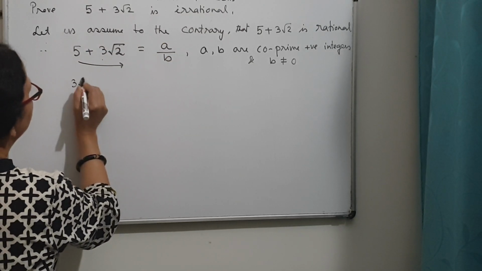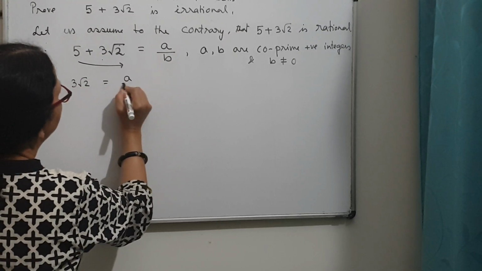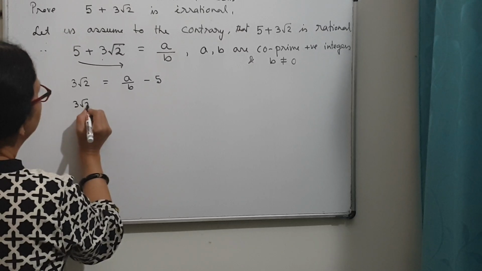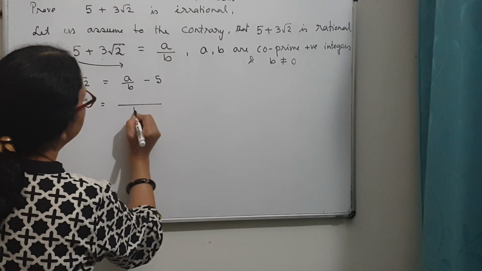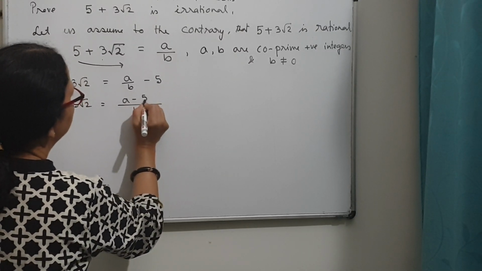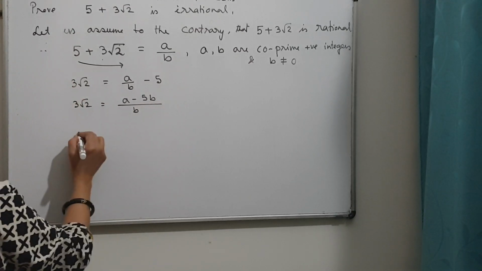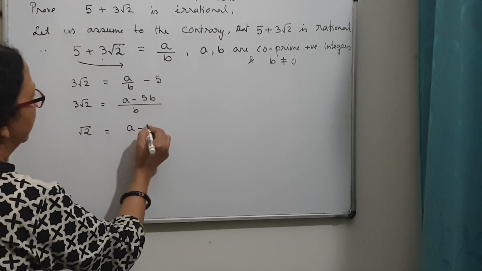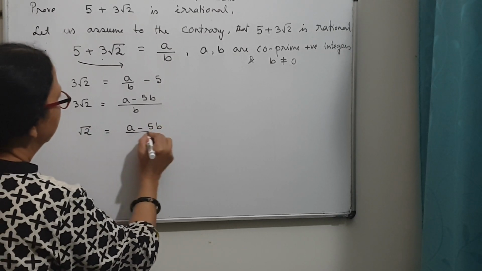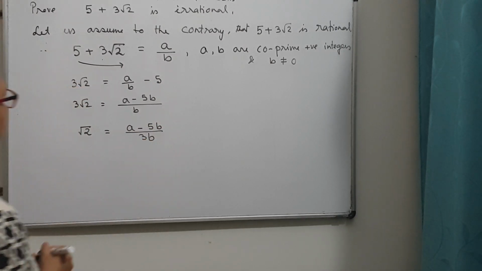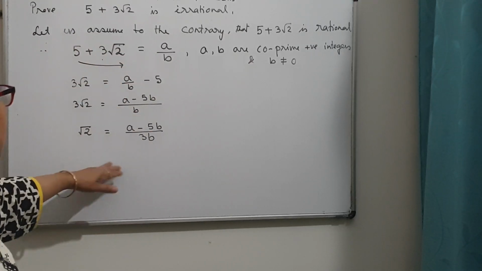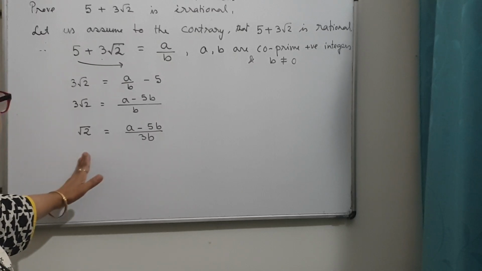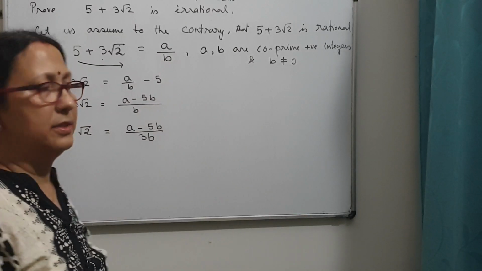So 3 root 2 is equal to a upon b minus 5. Now simplify, b is the LCM: a minus 5b upon b. Next, we keep root 2 on the left hand side, so it will be a minus 5b upon 3b. This much simplification we have to do, so that I keep the square root of the prime number on one side and the remaining terms on the other side.